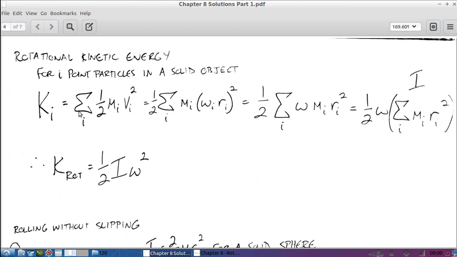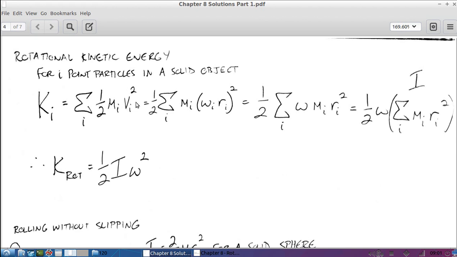So I said the sum from i to, well, in this case maybe infinity or whatever, it won't necessarily be a sum that we have to evaluate. So let's say we have i little masses with their own unique tangential velocity. They're different distances from the axis of rotation, so they have their own tangential velocity. So every single one of these little pieces of the object has a 1/2 mv squared.